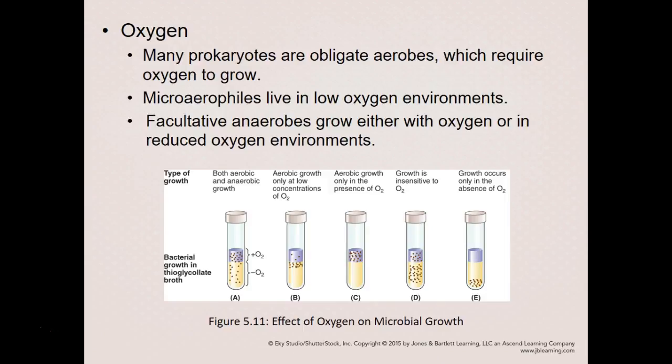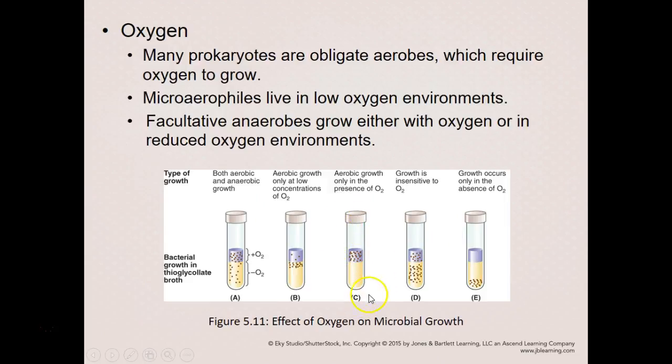So if we have oxygen in the environment, we're going to use it, but we have special enzymes that protect us from the oxidative activities of oxygen. But not all microbes have these special enzymes inside. And so I'm just going to go through the different types of organisms and what they need.